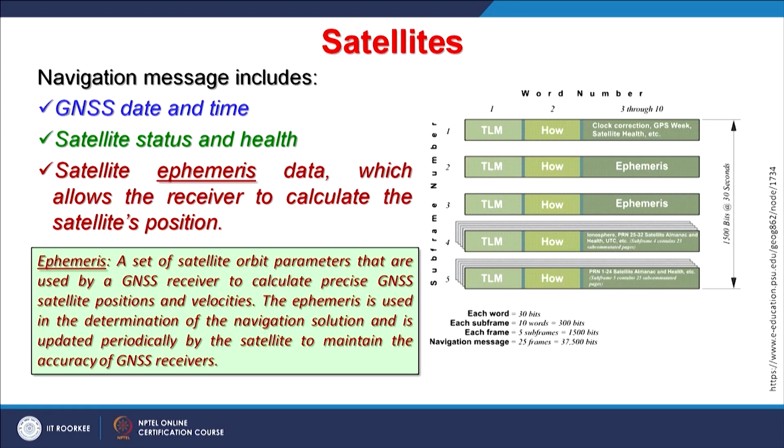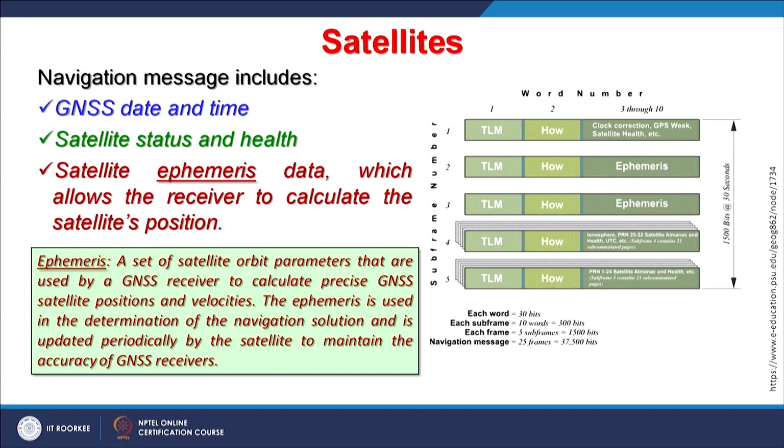Ephemeris is a set of satellite orbital parameters that are used by a GNSS receiver to calculate the precise GNSS satellite position and its velocity, because these satellites are moving, and our receiver might also be moving.